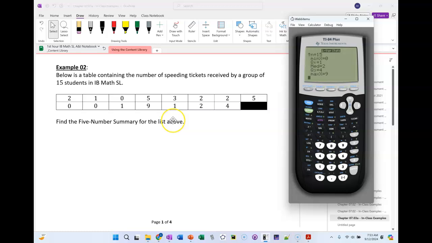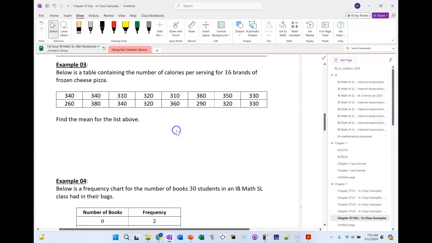Everybody cool? Pretty easy. All right, calculate the mean for the pizzas.